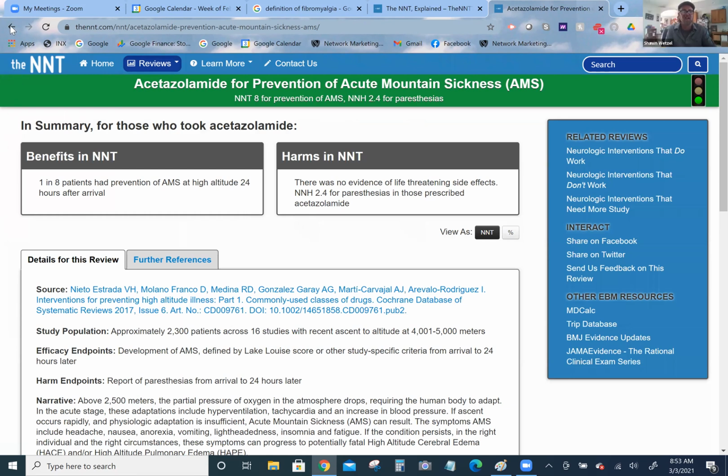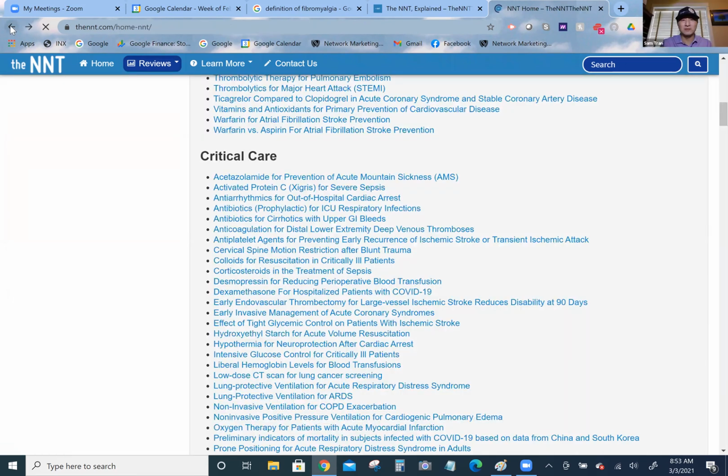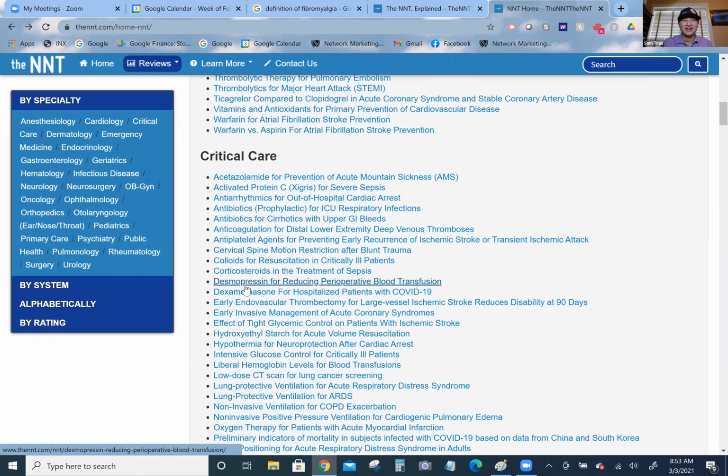What? Mountain sickness, where? It's prevention of acute mountain sickness. Oh my Lord, all the altitude sickness. Hey, if you get altitude sickness, what do you think caused it? Lack of oxygen. Maybe altitude. Yeah.